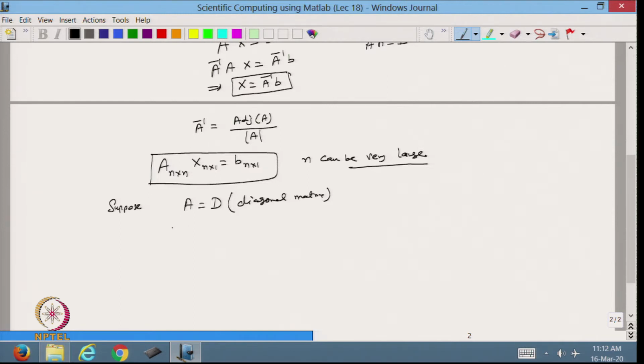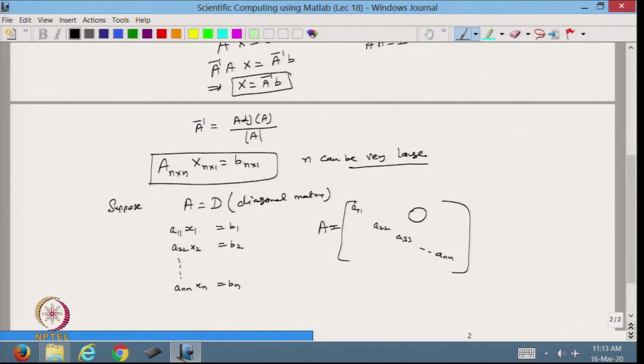In this case the system will be A11 x1 equal to B1, next A22 x2 equal to B2, and the same way ANN xn equal to Bn. Because my matrix A here is a diagonal matrix, that is A11, A22, A33 and ANN, and all other values are 0.